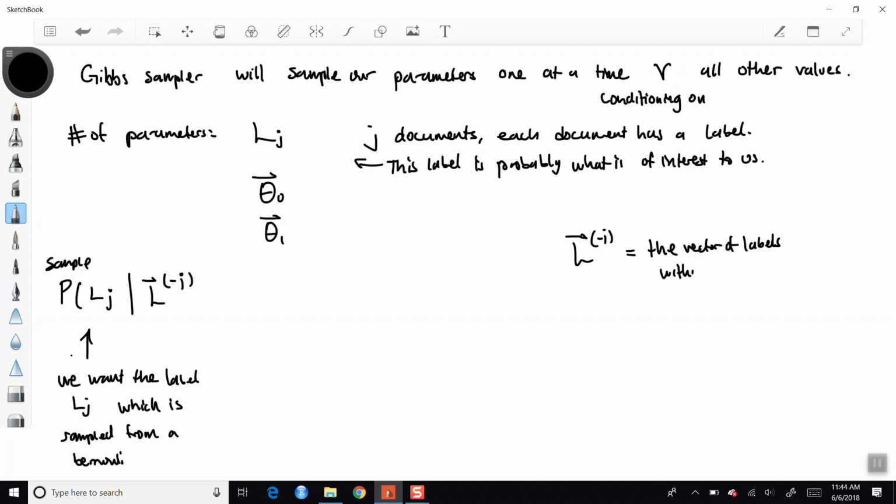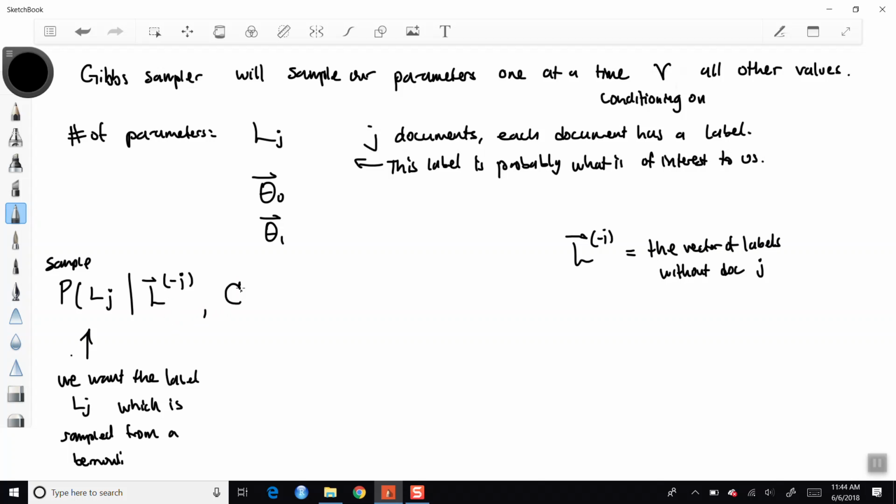without document J. Because when we're trying to sample the value for document J, we can't include document J in the corpus, and we can't include it in our labels. So we have this notation to say this is all of the other labels. So if you have 50 documents, this is a vector of 49.